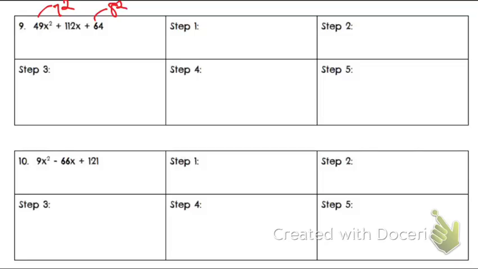So remember, step 1 is to multiply my A by my C. 49 times 64, and obviously you're going to want to use a calculator with this, is 3,136. Now step 2, I want you to think of all the factors of 3,136. That's horrible. There's no way you want to do that. However, remember I pointed out the 7 and the 8 there? Guess what? 7 times 8 is 56.